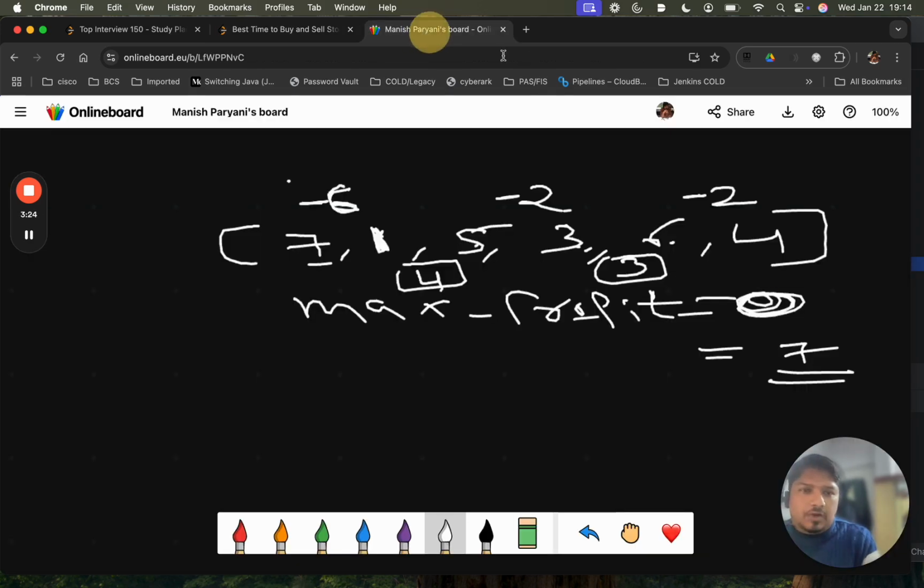And that's what we are also calculating. So it's very simple. We will use a greedy algorithm, we will run a for loop, but there is only one condition we need to apply in this question, and then we will be able to solve this.